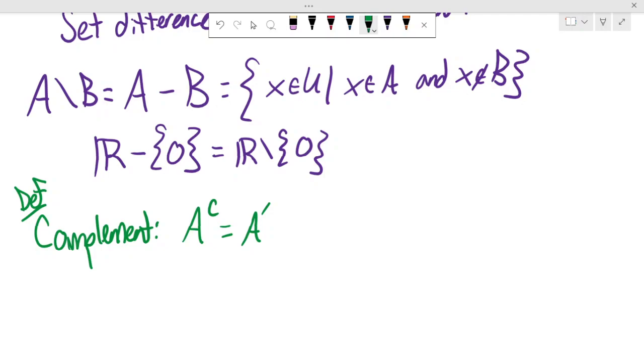Like if you want to use a different set that's similar to one, but you don't want to come up with another letter, sometimes you call it A prime. So for that reason, we don't really use that one too much either. So I would stick with the C notation. That's all I'll use. But anyway, so the A complement. The definition of this would be X in U such that X is not in A. Right? So all the points outside of that set.